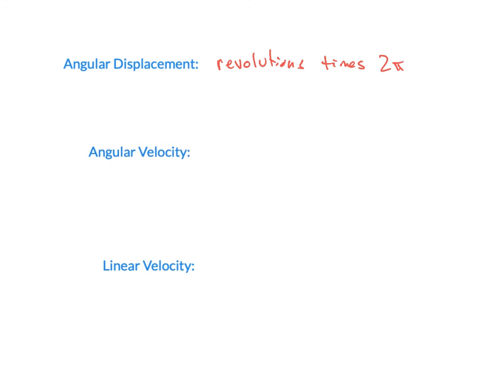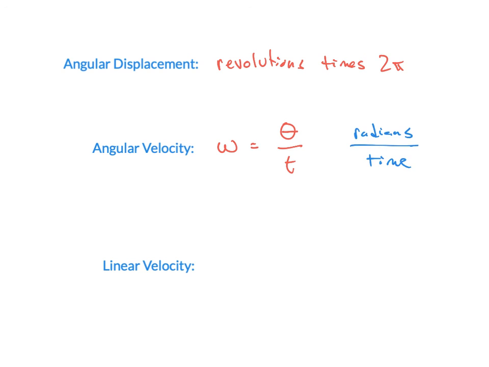For angular velocity, we learned a new symbol, omega, looks like a fancy W, and that was your angular displacement divided by the time. So radians divided by time is basically what we're talking about here. When you get an answer for angular displacement, you're getting radians. When you're doing angular velocity, you're getting radians over time, like radians per second or radians per minute.